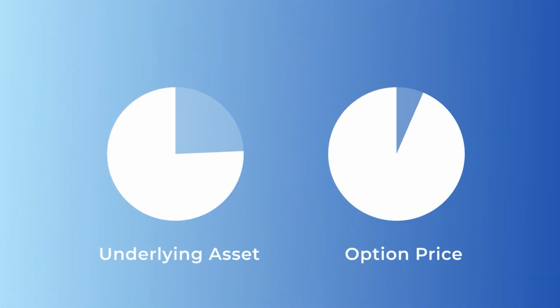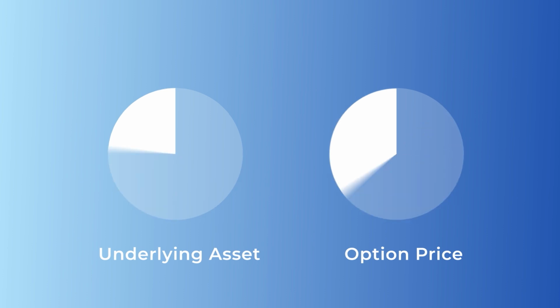As we remember, delta measures the sensitivity of an option's price to changes in the price of the underlying. A put option typically has a negative delta, indicating that its price decreases as the price of the underlying stock goes up. Here is how understanding delta helps the investor hedge their portfolio effectively.